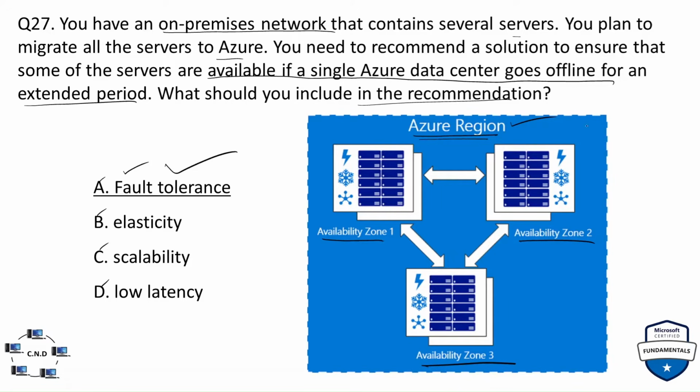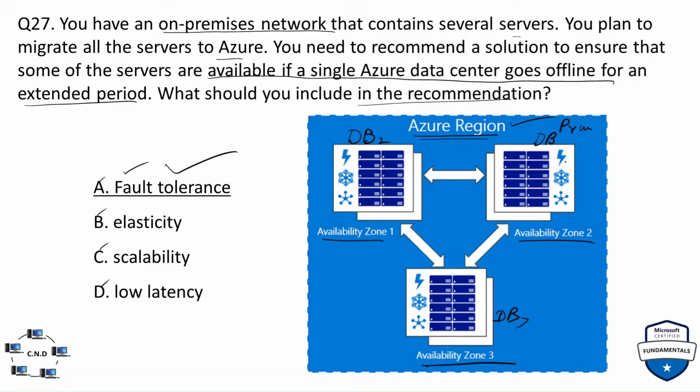If you deploy your server, let's suppose we have a database, and you deploy a database here, and the same copy of the database in another availability zone, and inside the third. Let's suppose this is our primary copy.